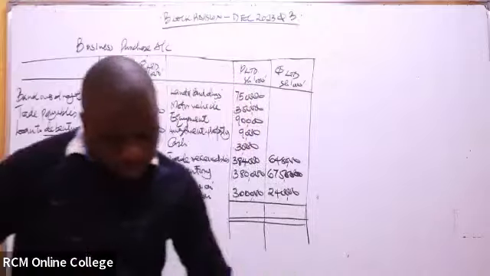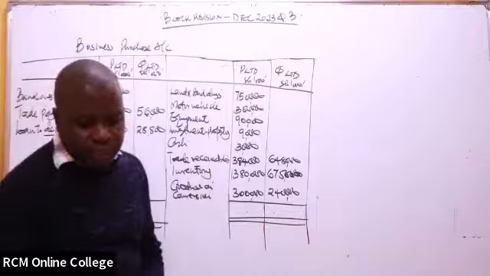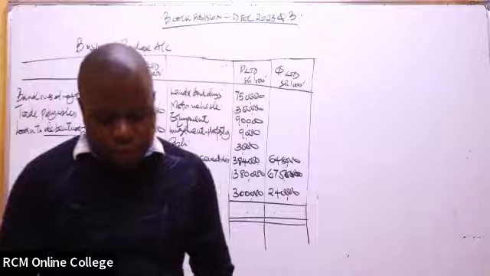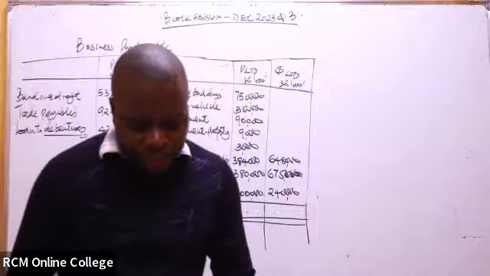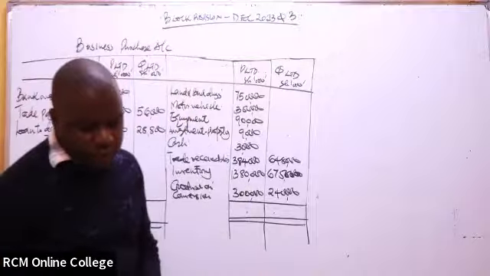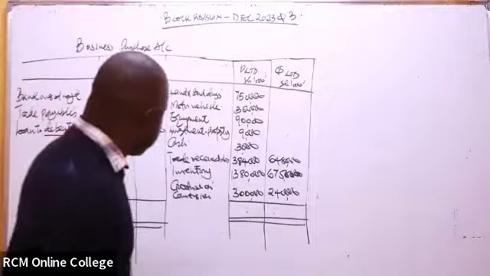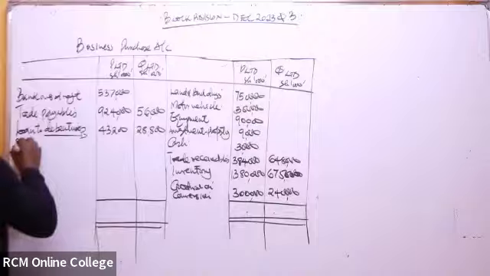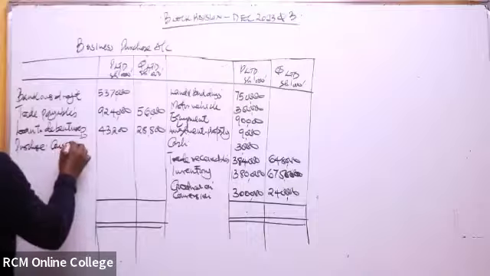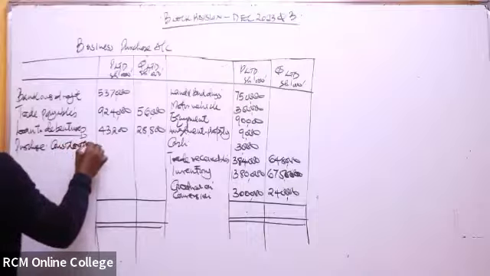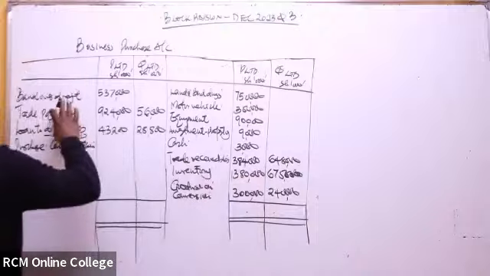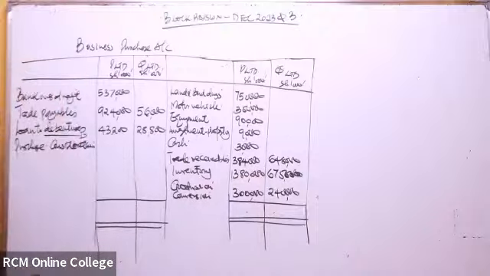The next point says the purchase consideration was settled by the allotment of fully paid ordinary shares of 20 each in the respective companies as follows. The purchase consideration is the difference between the assets being taken over and the liabilities that were taken over.